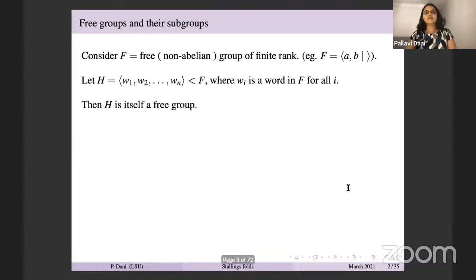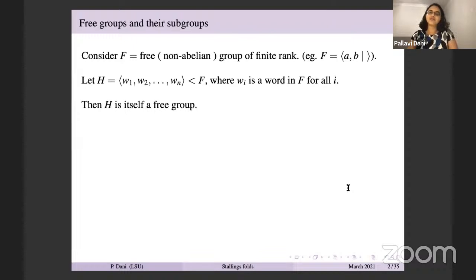Okay, so now let's consider subgroups of free groups. So by a subgroup, it's always going to be specified by a finite list of elements of F. So in this case, W1, W2, Wn are all words in these letters A, B, and their inverses. And so they're elements of F, and they generate some subgroup of F. And it's well known that, in fact, any subgroup of a free group is also itself free.